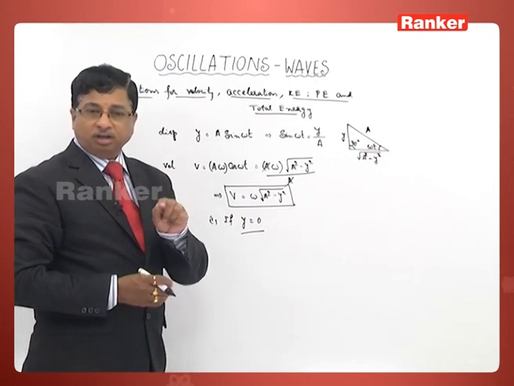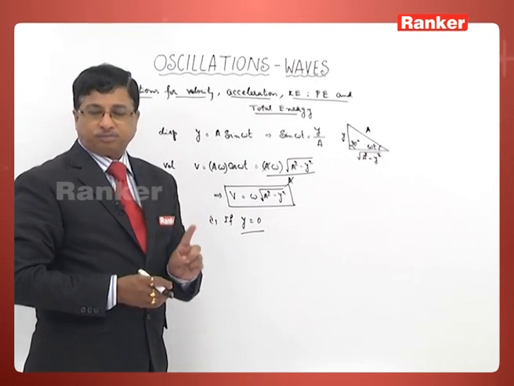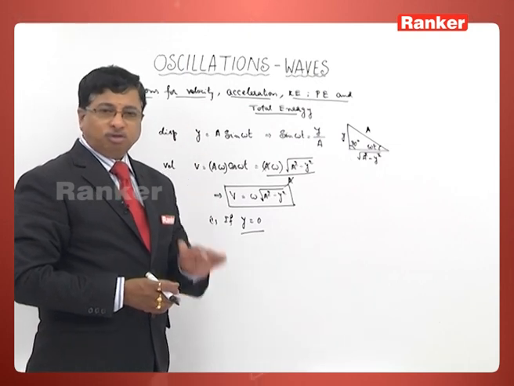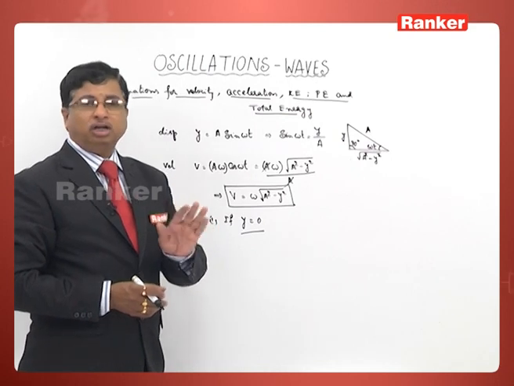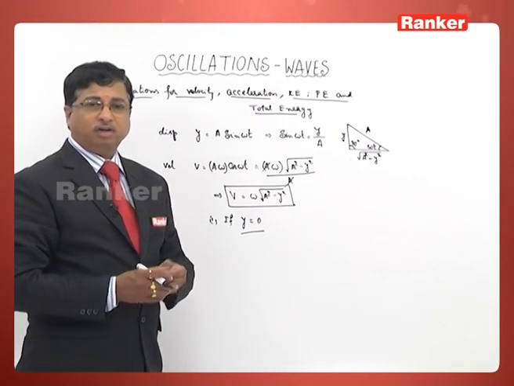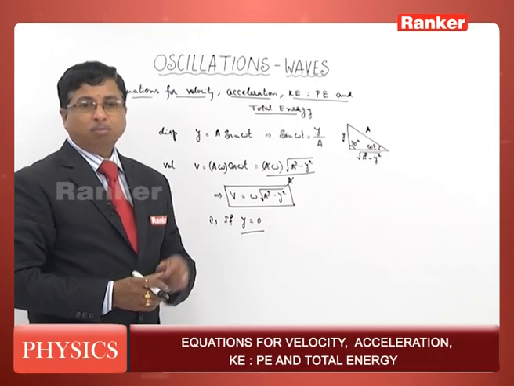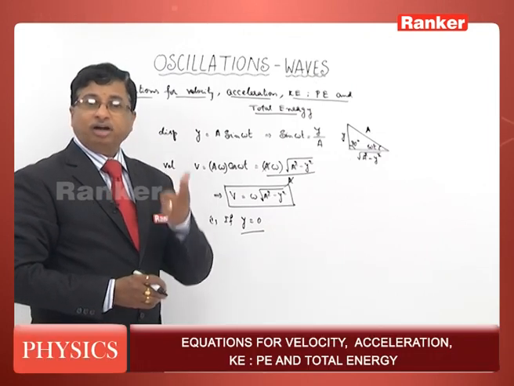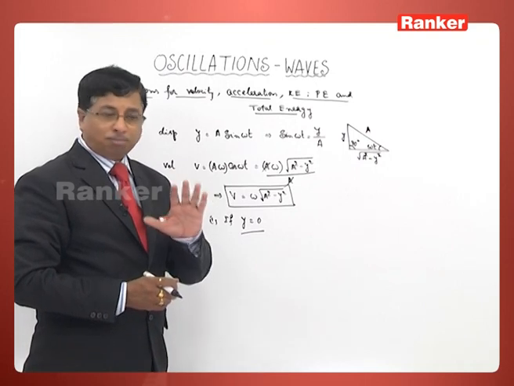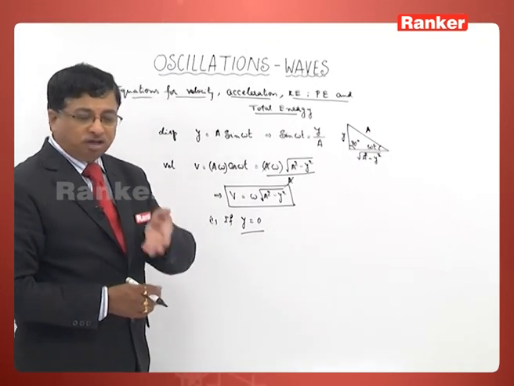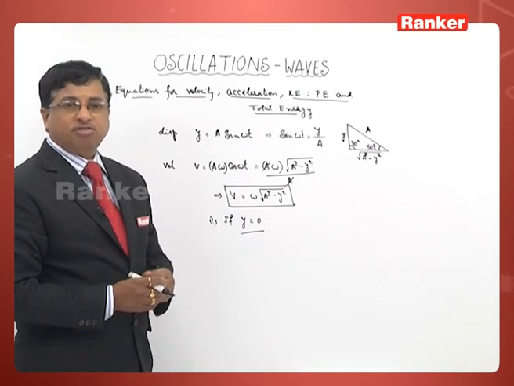While crossing the mean position of rest, its displacement will be 0. Displacement 0 does not mean the body is not oscillating. If it is not oscillating, no question of taking simple harmonic motion at all. Body should oscillate and its displacement should be 0. How come? That is possible only when the particle or the body is just crossing the mean position of rest.